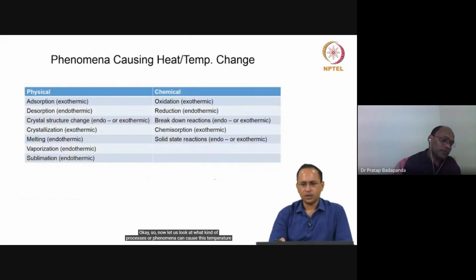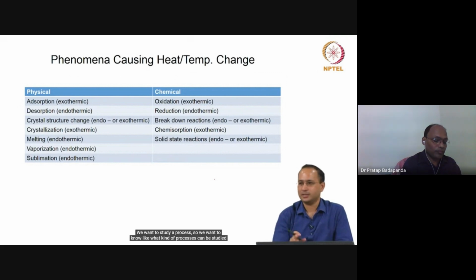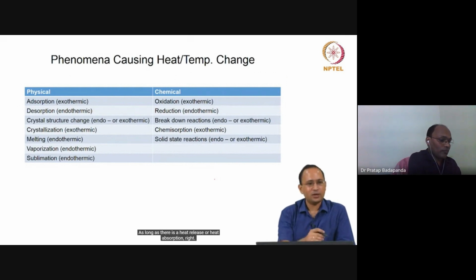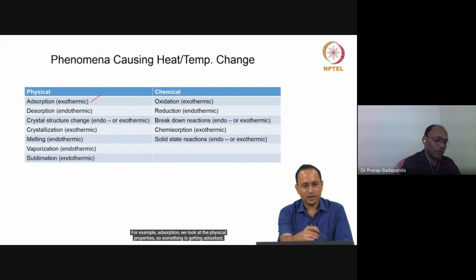Okay. So now let us look at what kind of processes or phenomena can cause this temperature change. We want to study a process, so we want to know what kind of processes can be studied using this technique. As long as there is a heat release or heat absorption. For an example, adsorption, we look at the physical properties.